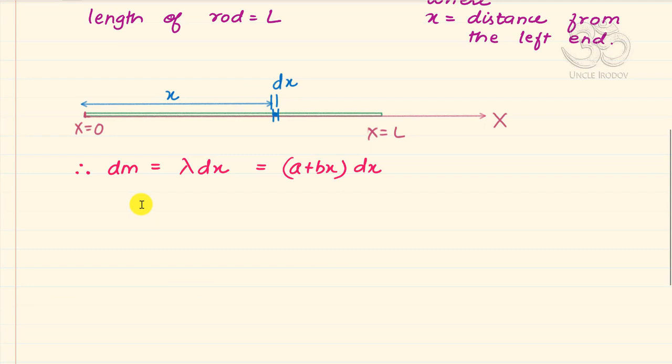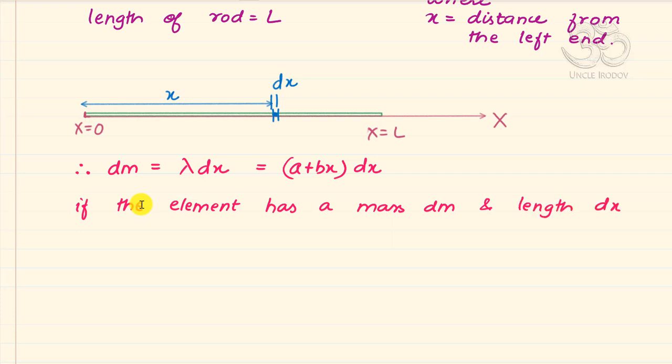And those who don't want to do it like this, they can do it in a slightly different way. They can say that if the element has a mass dm and length dx, then its lambda can be written as its mass divided by its length, and lambda at a distance x from the left end will become a plus bx, and that will again give you the very same equation that we have got earlier.